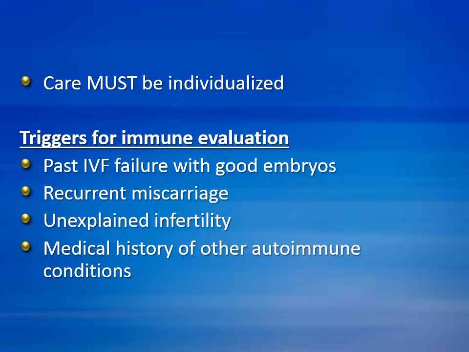As a clinician, the triggers that prompt me to think about immune evaluation would be past IVF failure with good embryos, recurrent miscarriage, a long history of unexplained infertility, particularly at a young age, and perhaps a medical history of other autoimmune conditions, which increase the probability of other coexistent immune abnormalities.